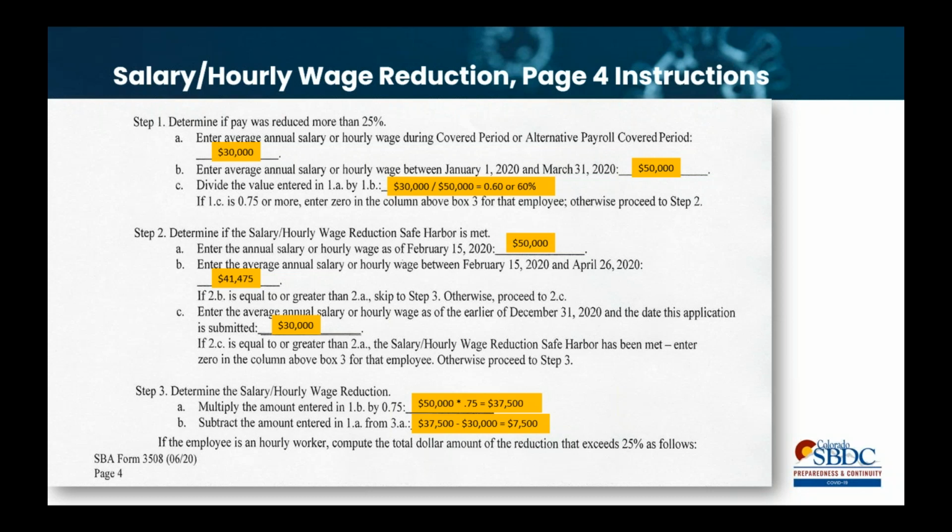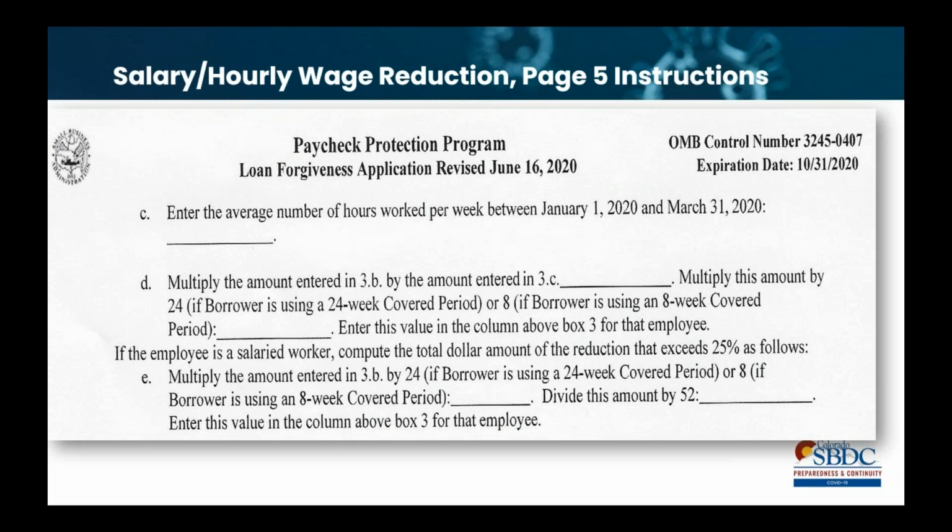The instructions for these calculations are continued on page 5, so we will need to flip the page. Since Bob is a salaried employee, we need to move to item E to complete the calculations. Items C and D are for hourly employees, and we'll return to those in a few minutes.